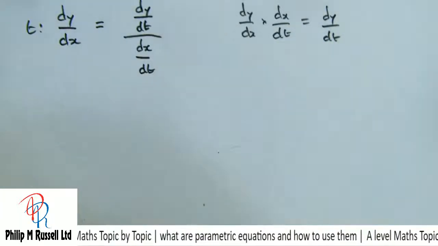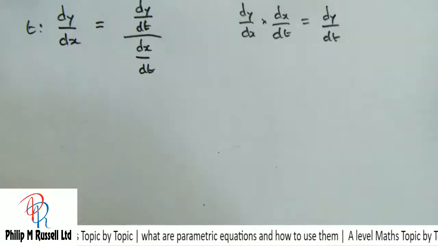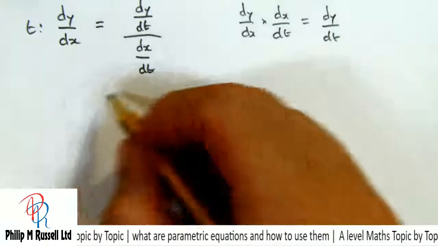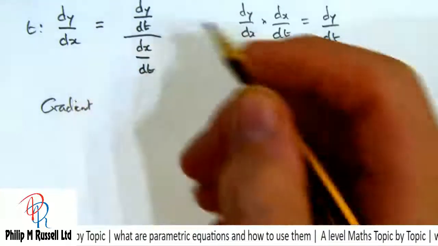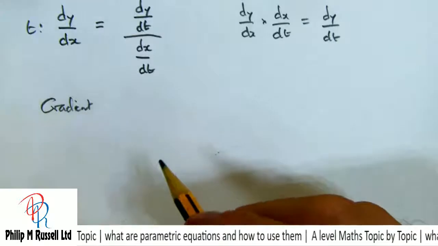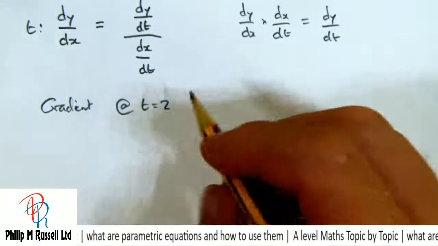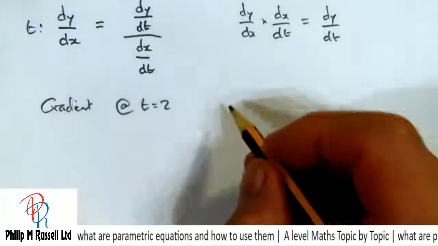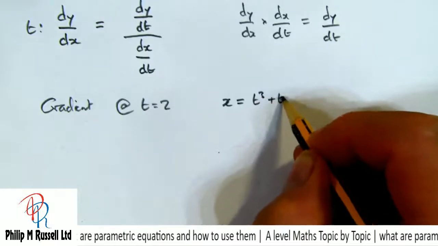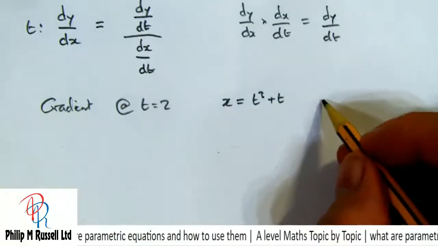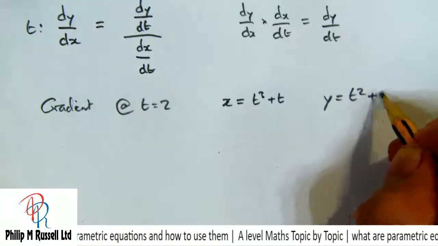So let's suppose we're asked to find something like the gradient, and that's what differentiation is all about. The gradient at t equals 2 for the equation where x equals t cubed plus t and y equals t squared plus 1.